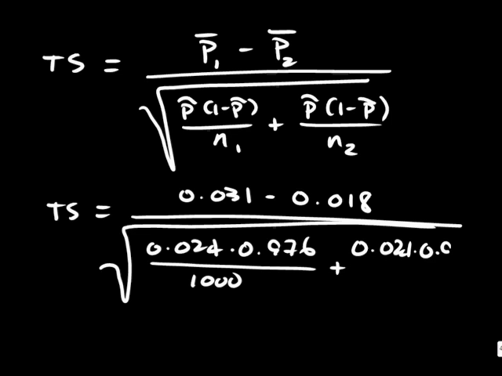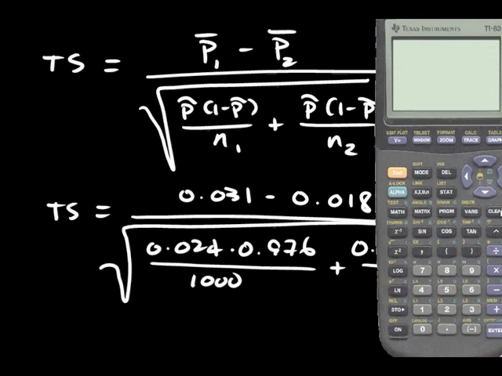Let's enter this carefully in our calculator. Use parentheses for the numerator, divide by the square root. Be very careful. Under this radical, we have a product, a quotient here, and a sum of another product and quotient.